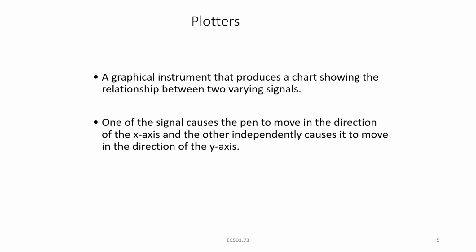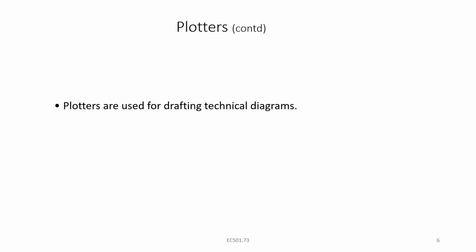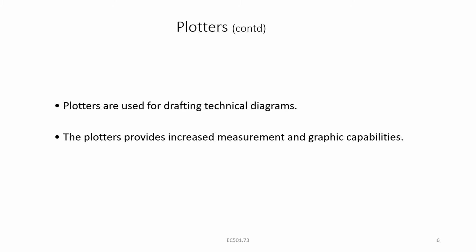One of the signals causes the pen to move in the direction of the x-axis and the other independently causes it to move in the direction of the y-axis. It's a type of printer designed for printing color charts and graphs. Plotters are used for drafting technical diagrams. Plotters provide increased measurement and graphic capabilities.